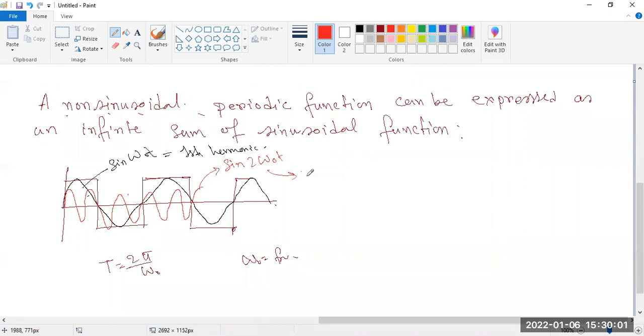This is called the second harmonic. I think from this picture you can clear your idea regarding harmonics.